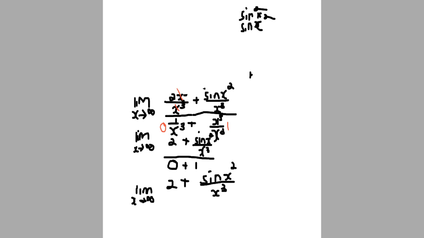So let's continue with what we were doing here. Now we have the limit as x approaches infinity of 2 plus sine x squared over x cubed.